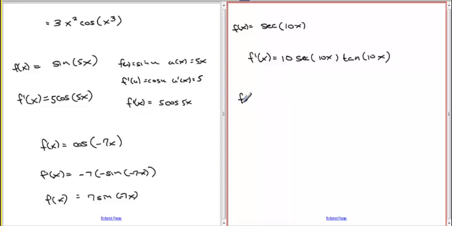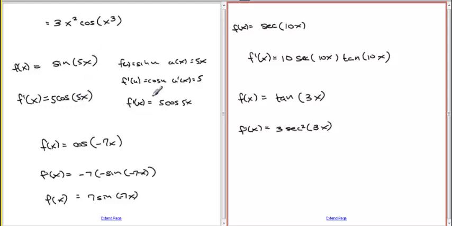So let's say f of x equals the tangent of 3x. The derivative is going to be the constant 3. The derivative of the tangent is secant squared. You leave the argument the same. Hopefully you leave the argument the same. If you change the argument, I'm really going to slam you.